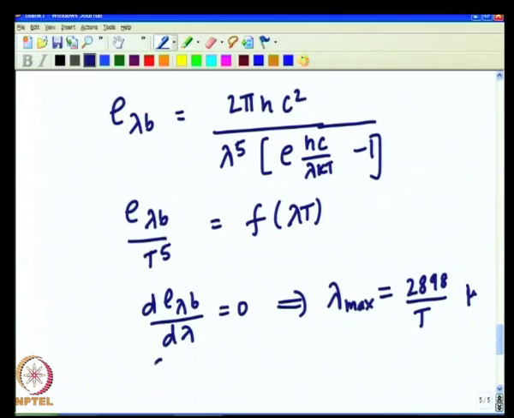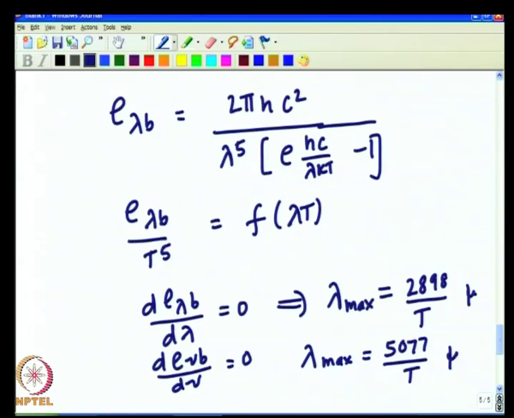On the other hand, if you look at the previous derivation per unit frequency and find out what is the maximum frequency, and then from there get the wavelength, you will get that this will maximize at a wavelength given by 5077 by T micron. So, what this means is that the maxima of the E lambda b function occurs at a different wavelength than the maxima of the E nu b function.